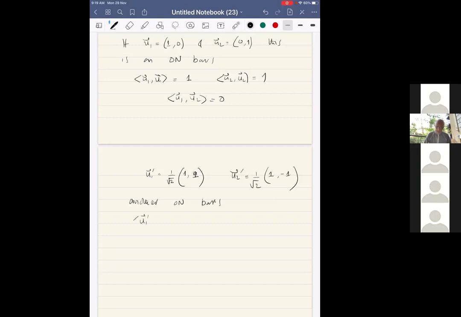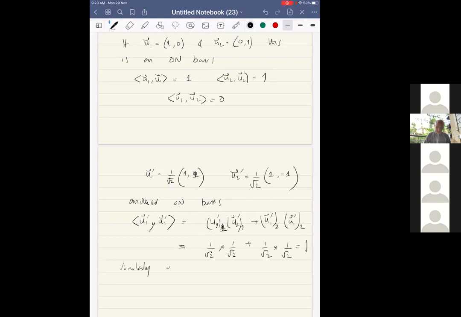Because the inner product of U_1 prime with U_1 prime is U_1 prime 1 squared plus U_1 prime 2 squared, which is 1 over square root of 2 into 1 over square root of 2 plus 1 over square root of 2 into 1 over square root of 2, which is 1.